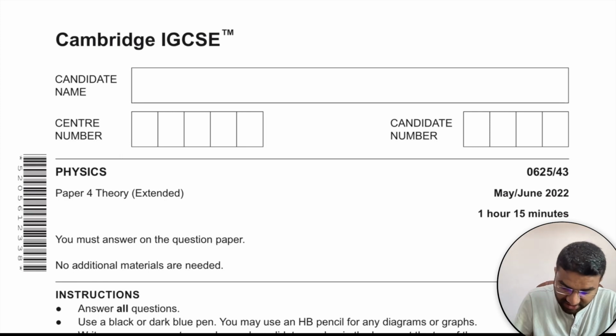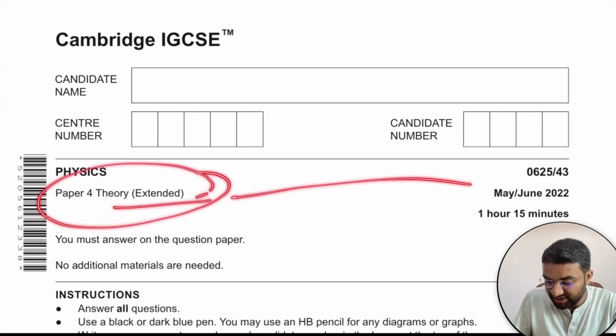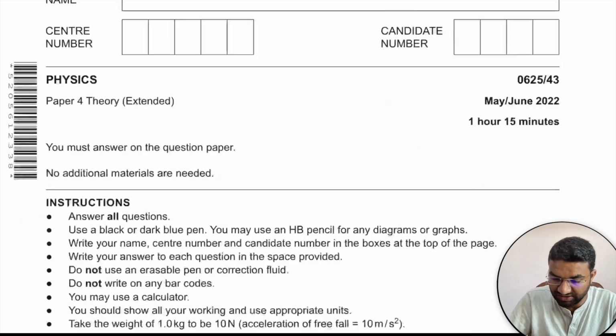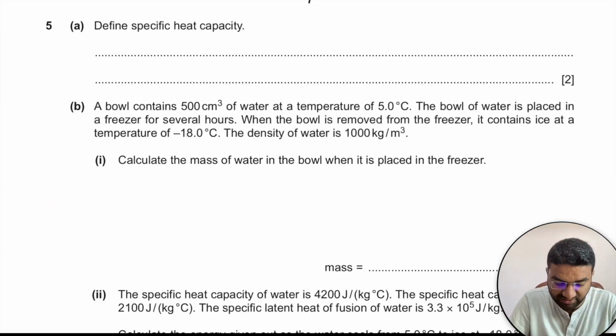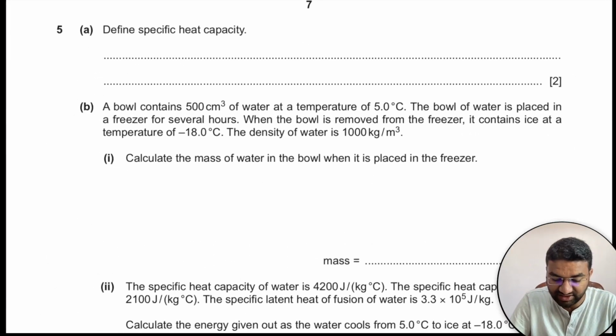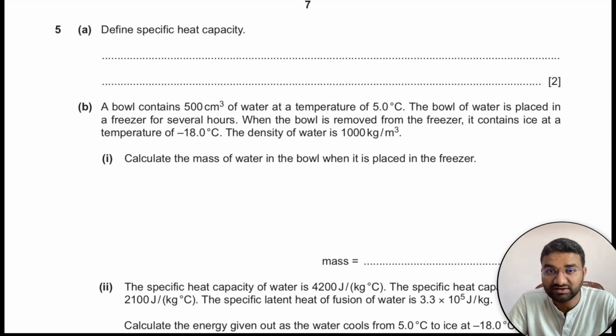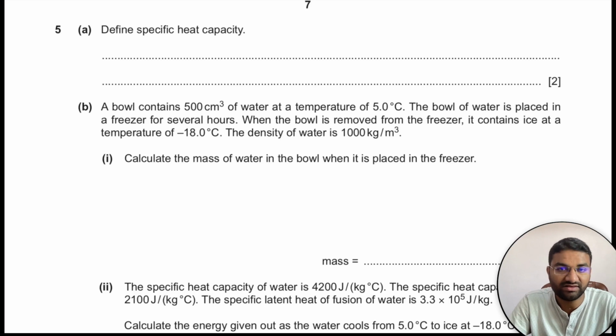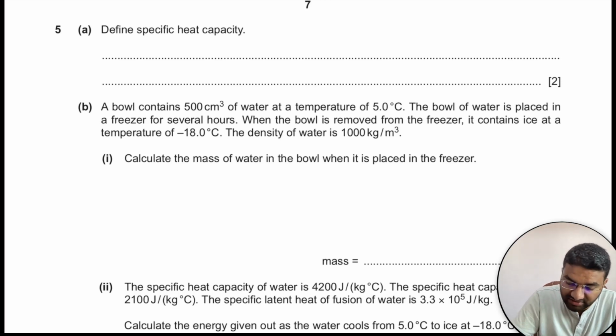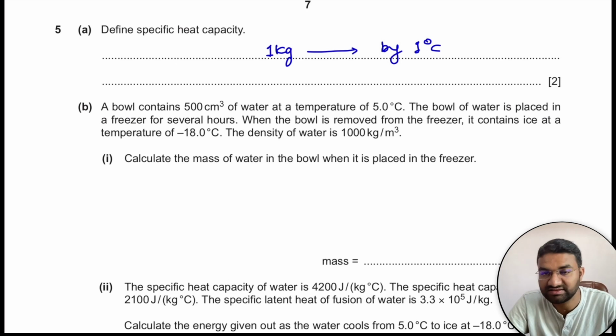So here we have the paper for May-June 2022. There is question number 5. It says we have to define specific heat capacity. So how do we define the specific heat capacity? It's the amount of heat required to raise 1 kg of material by 1 degree Celsius.